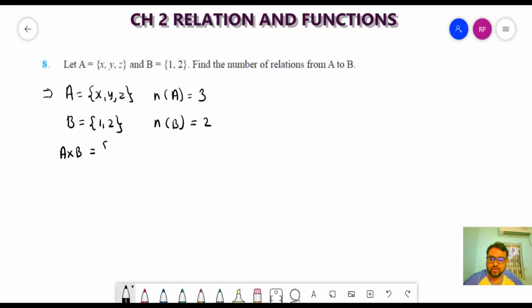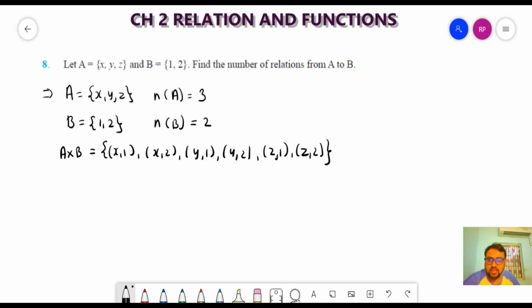Let me note it down. x1, x2, y1, y2, z1, z2, right? So actually no need to note down this A cross B, because the question is directly you have to find out the number of relations.